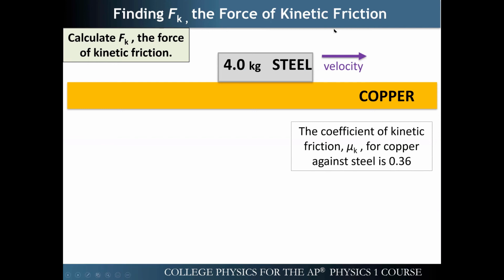So let's have you go back into the breakout rooms and figure out what the kinetic friction force is based on this 4 kilogram block of steel and the coefficient of 0.36. I'll give you about 3 minutes.